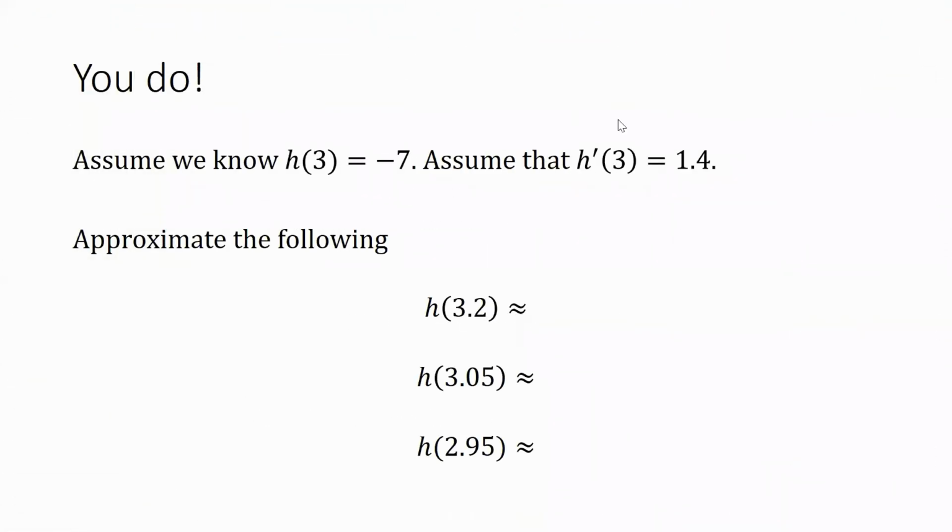We have seen now how you can approximate where the function's going to be by using the derivatives. And you might not think that's a really interesting task, but this happens all of the time in real world applications. Imagine you're trying to pick a stock and you're trying to figure out where it's going to be.